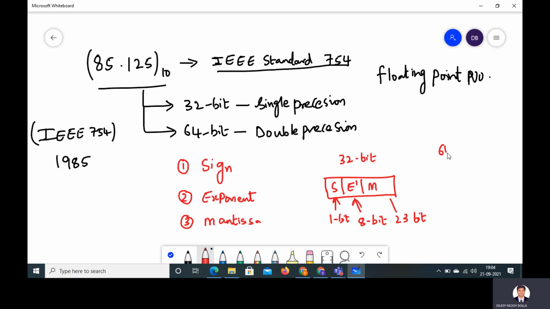If you take the same thing for 64-bit, these values change this way. One is the sign bit, next is the exponent value, and next is the mantissa value. The sign bit is again a single bit. The exponent will be 11 bits, and the mantissa will be 52 bits.